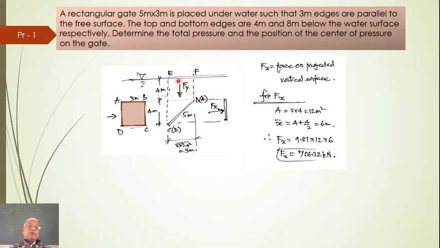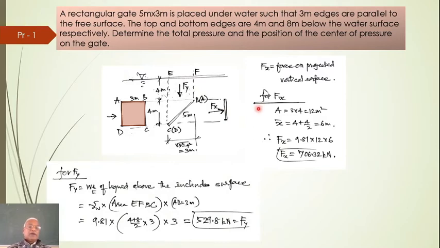Okay. Now how about Fy? Fy is the weight of the liquid above the inclined surface. So this is the inclined surface, and the weight of the liquid which is above. Weight will always be calculated as specific weight multiplied by volume. Specific weight is the specific weight of water, gamma W. Now how to calculate volume?